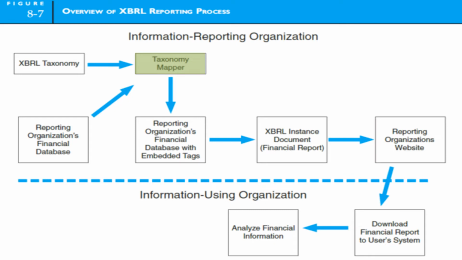This figure explains the overview of the XBRL reporting process. The first process is to create a taxonomy mapper. The input of the taxonomy mapper comes from creating the XBRL taxonomy as well as the reporting organization's financial database. Both will update the taxonomy mapper. Then after that, we create a reporting organization's financial database with embedded tags.